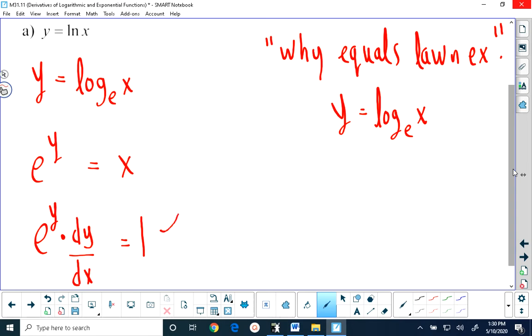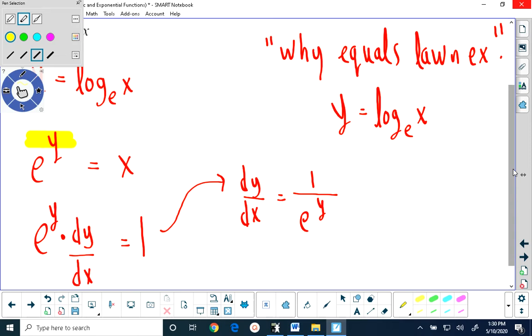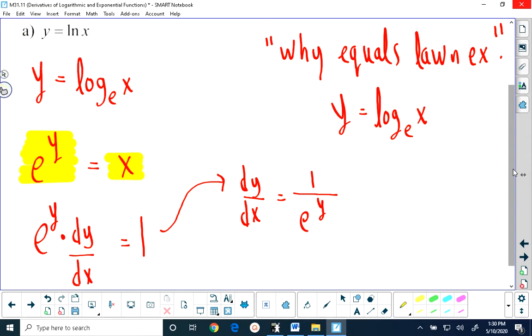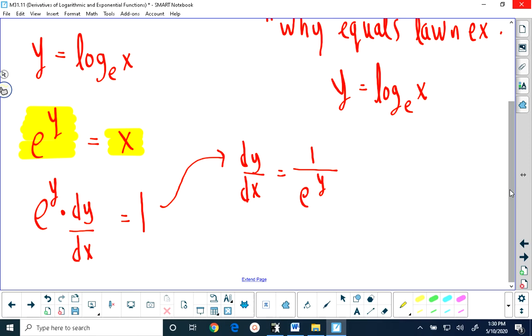So what we end up with when we rearrange that for dy dx is 1 over e to the y. But e to the y is x. Since y equaled the natural logarithm of x, that means x is e to the y. And that means that the derivative that we've determined is 1 over x.